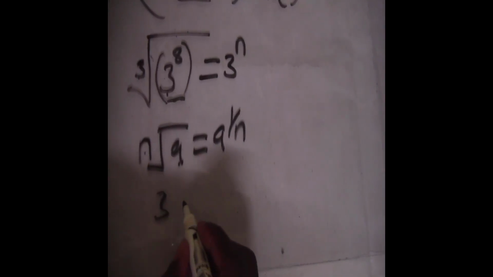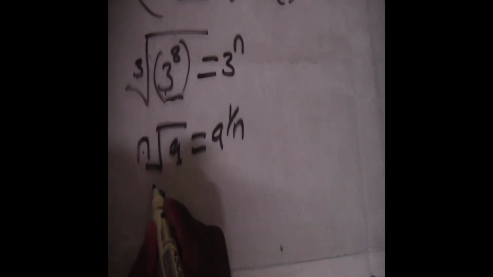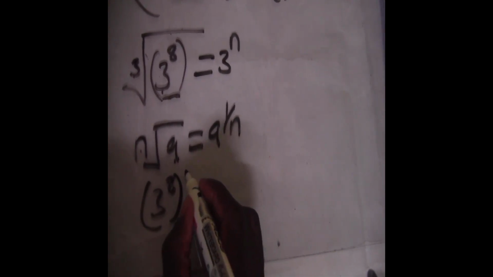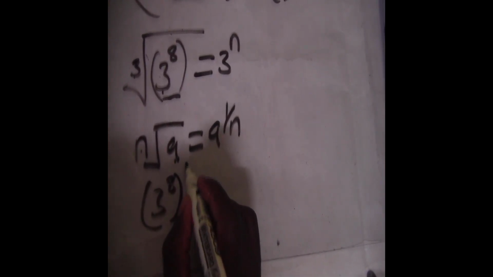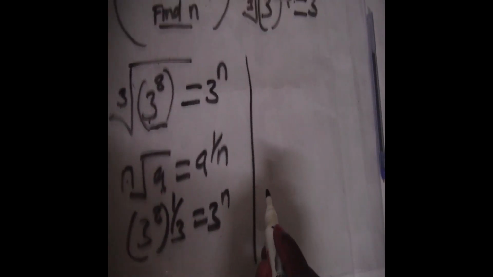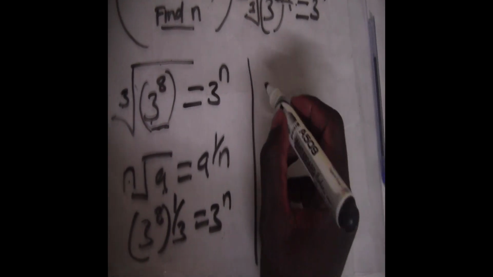What you're going to write is 3 raised to power 8, all raised to power 1 over 3, is equal to 3 raised to power n.